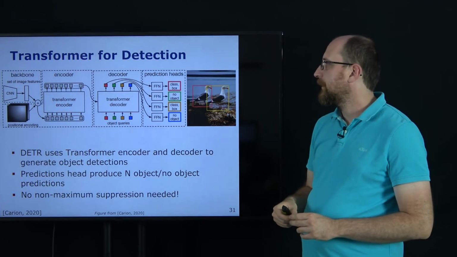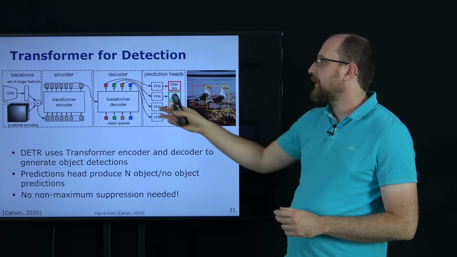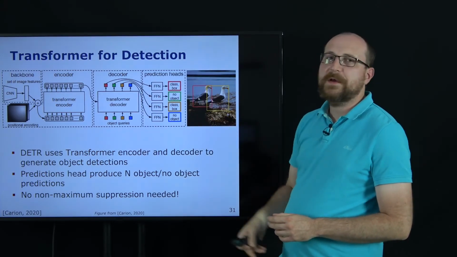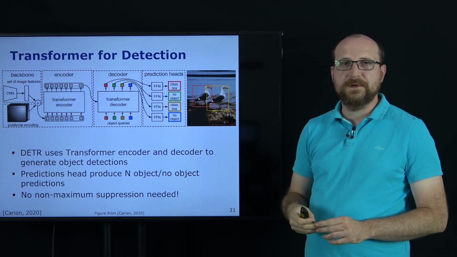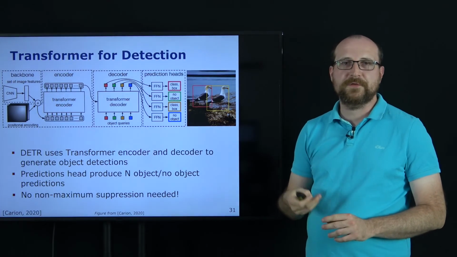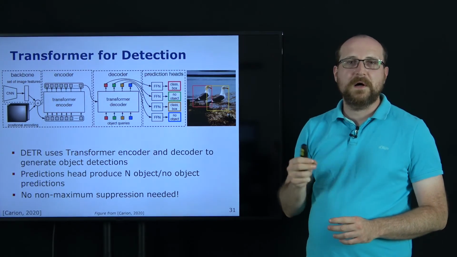And the idea is that the decoder produces exactly the number of desired object bounding boxes in the end. So that means we don't need to have non-maximum suppression to figure out where the objects are located.